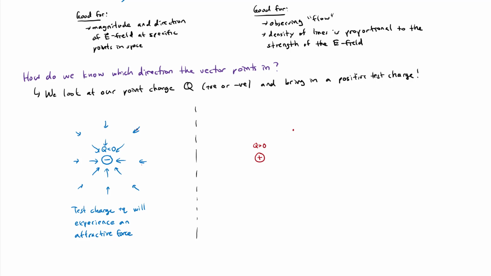A positive charge and a positive charge are going to repel each other, so it's going to experience a force this way. The closer the test charge is to the point charge, the larger the magnitude of force that it's going to feel. And all that it's going to feel is a repelling force.